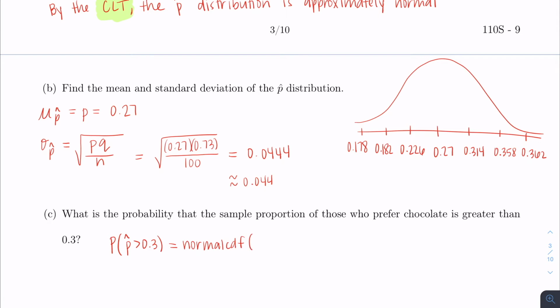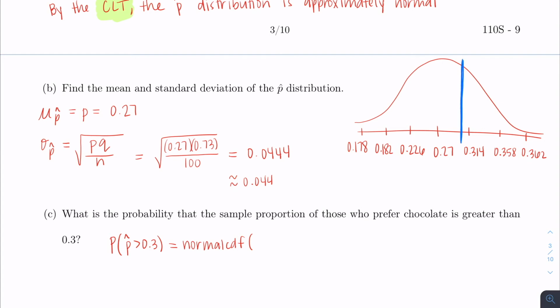And so the way the normal CDF function works is the very first number that you put in is the minimum value that you want to see, right? So since I want everything greater than 0.3, if I draw that on my curve, I want everything greater than this value right here.